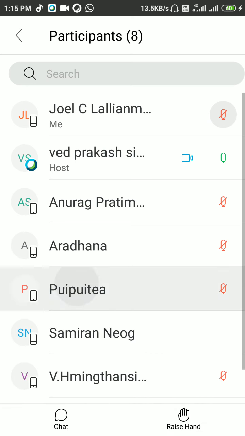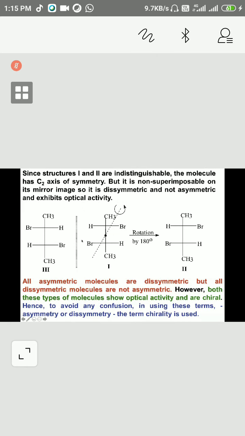And the mirror image of this one is this one. After 180 degree rotation, you are getting this one. So in this case, a C2 axis of symmetry is there. By rotation of 180 degrees, you get an indistinguishable molecule.